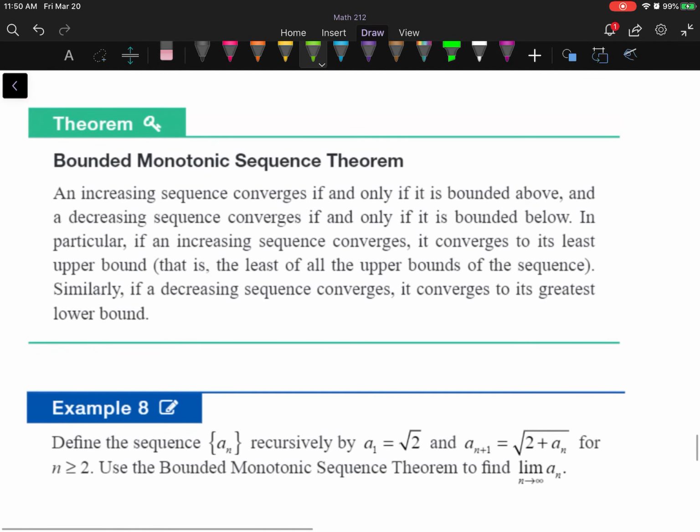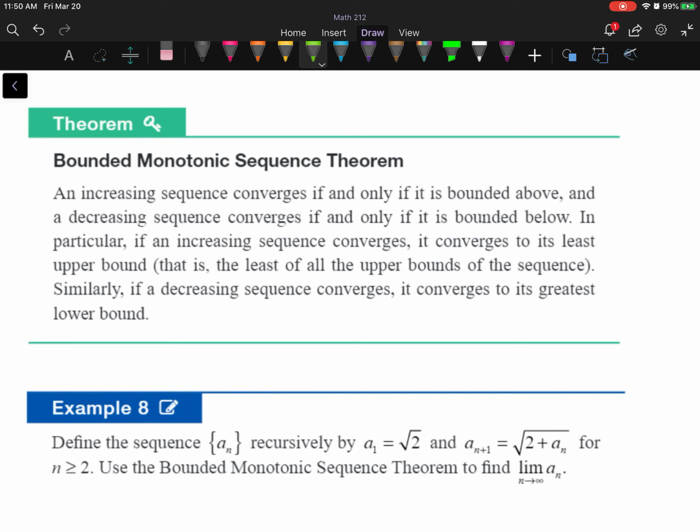That brings us to the monotonic sequence theorem, the bounded monotonic sequence theorem, which says that if you have an increasing sequence that's increasing monotonically, and it's bounded above, that necessarily means that the entire sequence is going to converge. Similarly, if you have a decreasing sequence that is bounded below, that sequence will converge.